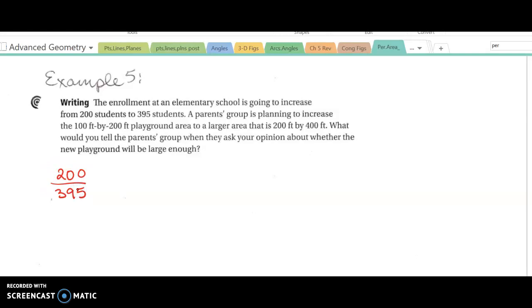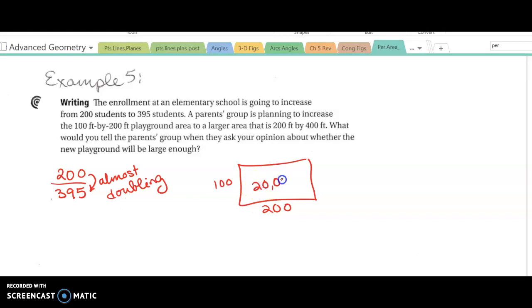395 is the ratio of students. And so we're almost doubling. It's almost 200 to 400 for the ratio. So let's see if we're doubling the area. So 100 by 200 gives us 20,000 for that area.